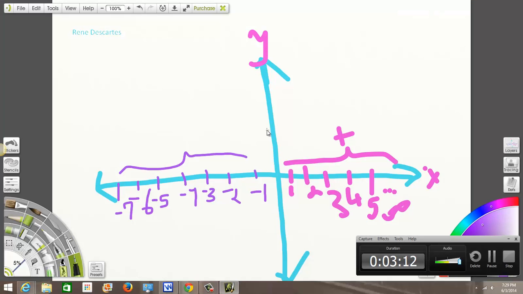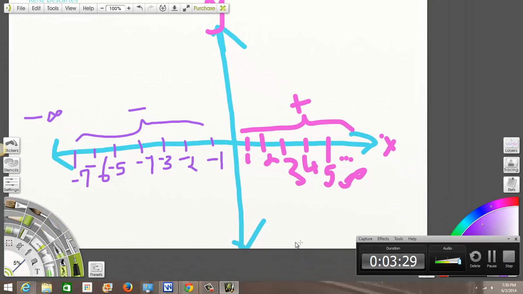So this is the whole X-axis. One side, on the right, is all positive numbers, and one side on the left is all negative numbers. So it doesn't stop at -7. It goes on and on until negative infinity. Now we're going to go to the Y-axis.